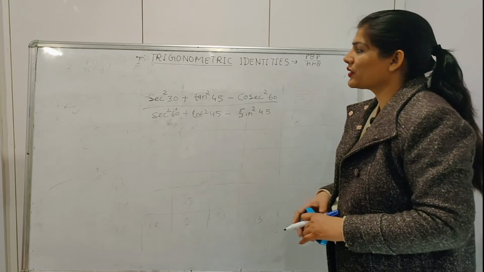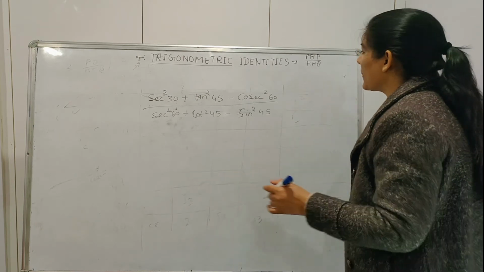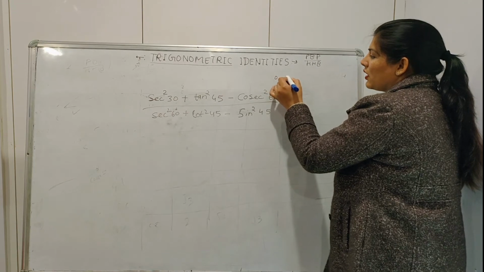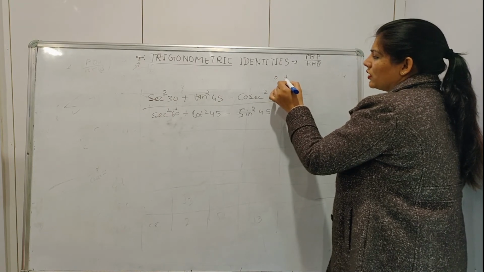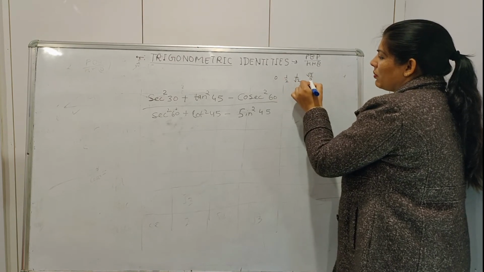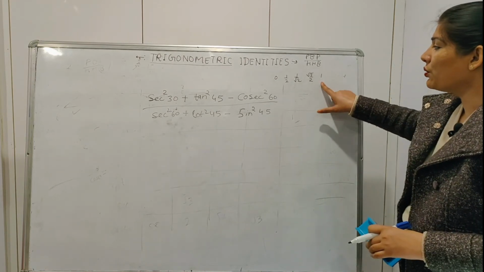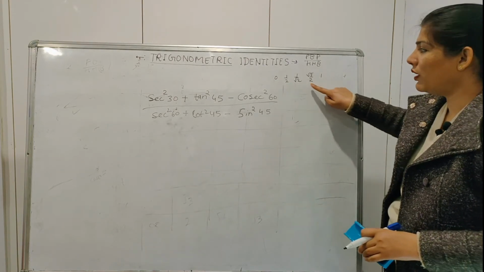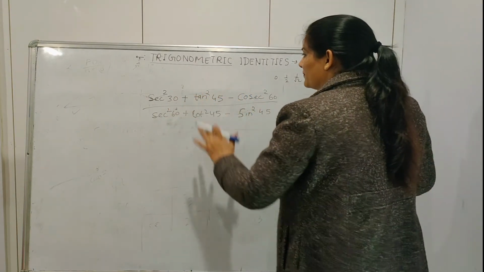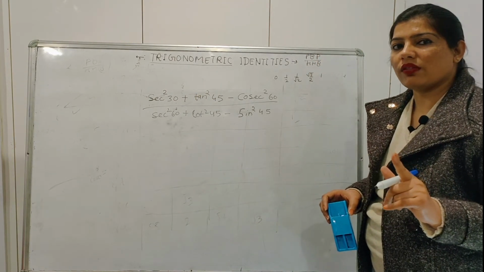So you have to learn only the first row, which was the value of sine: sine 0 is 0, then sine 30 is 1 upon 2, 45 is 1 upon root 2, 60 is root 3 upon 2, and for 90 it is 1. You can find all the values with the help of this only. So sec square 30. Basically sec is the reciprocal of cos.